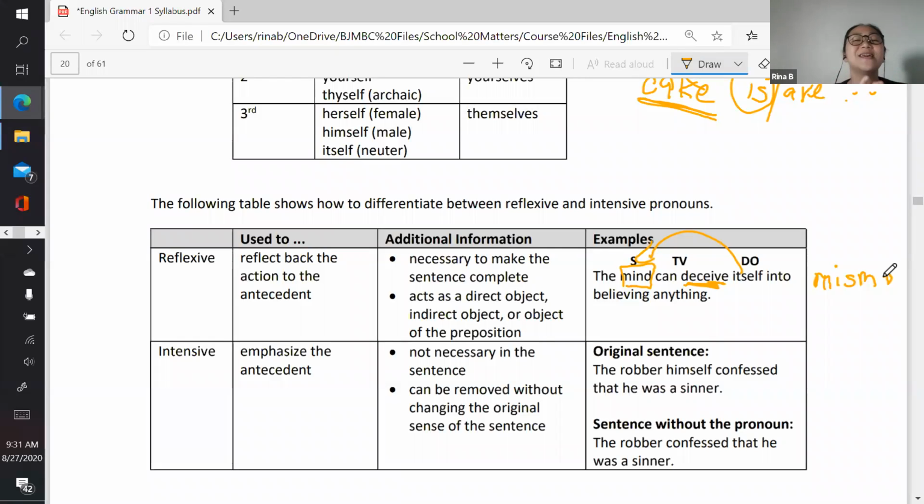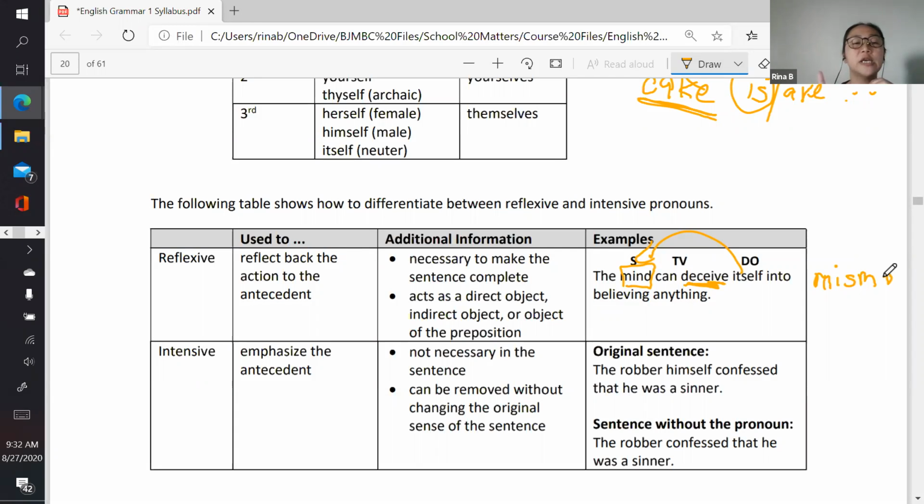But the emphasis is lost. But grammatically, that will be fine, no? So, if you're using the reflexive pronoun as an intensive pronoun, you can remove that from the sentence.